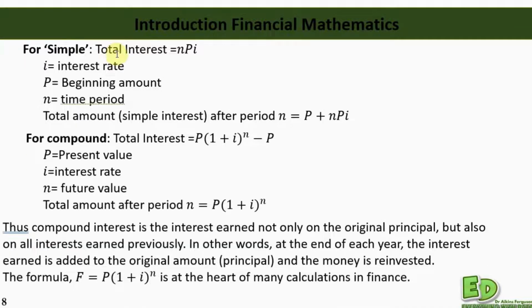So for simple interest, the total interest is what? The number of years times the principal times the rate, right? So principal times rate times time. That's what I'm trying to say. Okay.